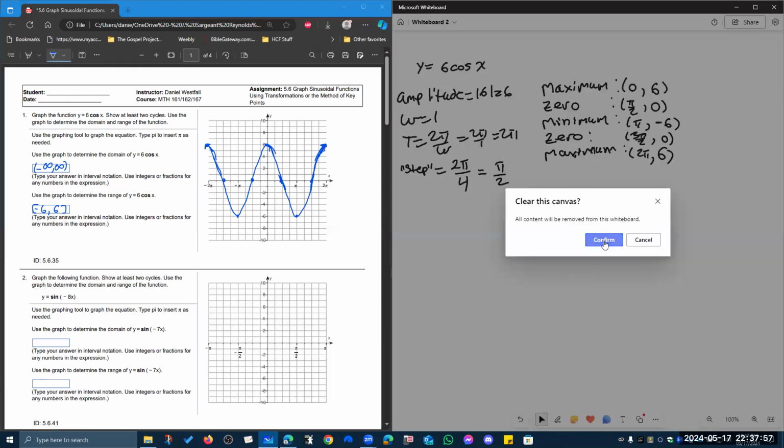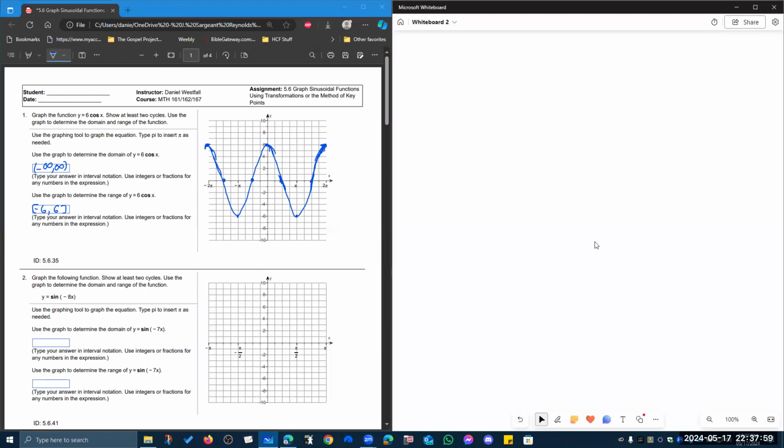Clear? Now I did not set my scale here. If it were up to me, I would have drawn this so that I would have had one full period on the right, out to 2 pi, which it is, and one full period on the left to 2 pi.